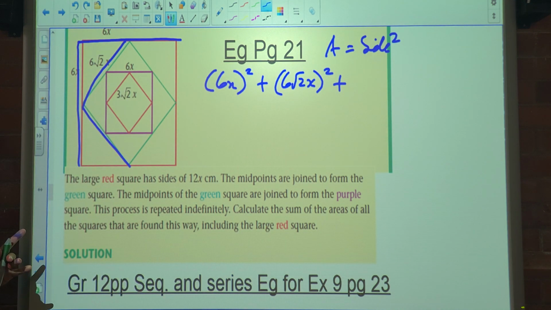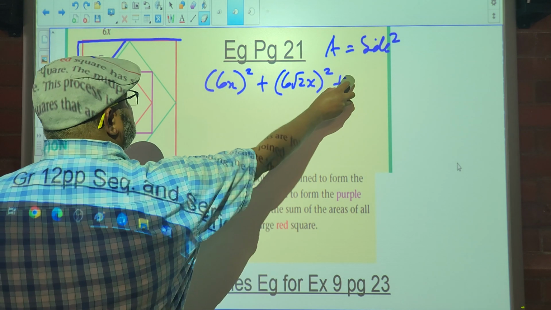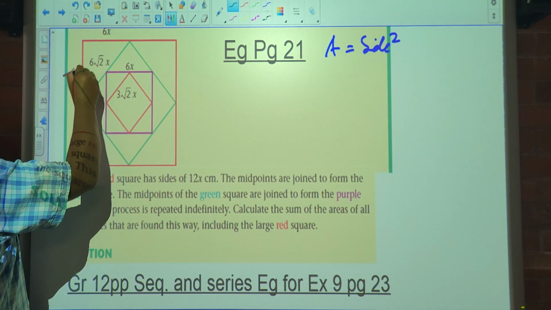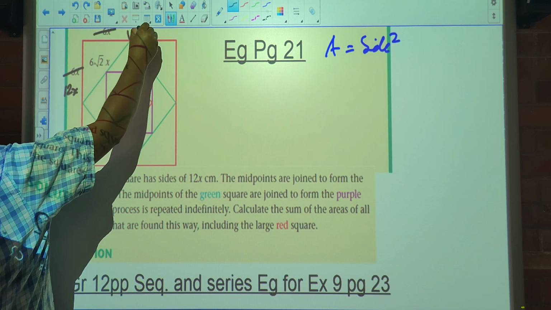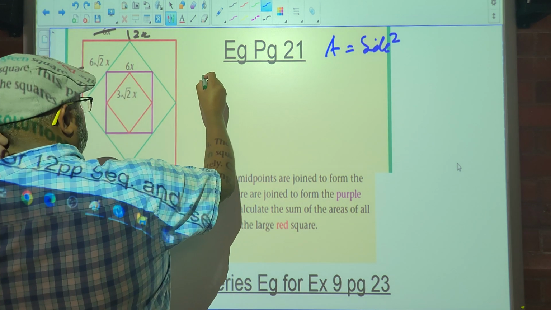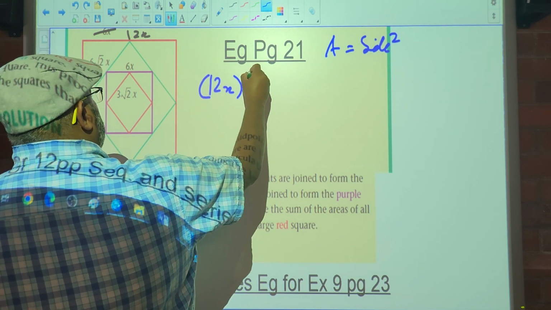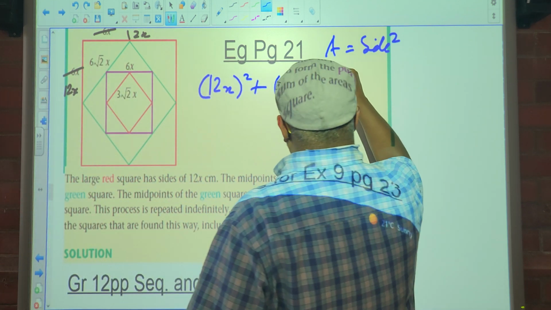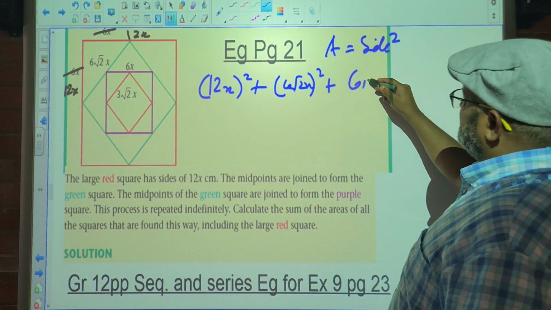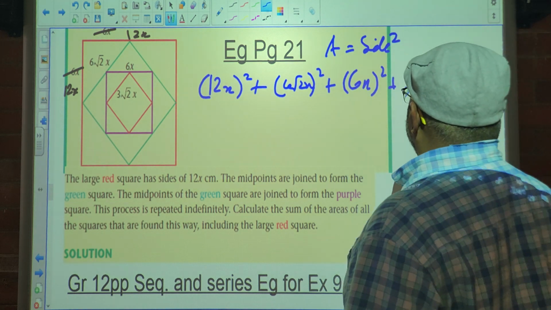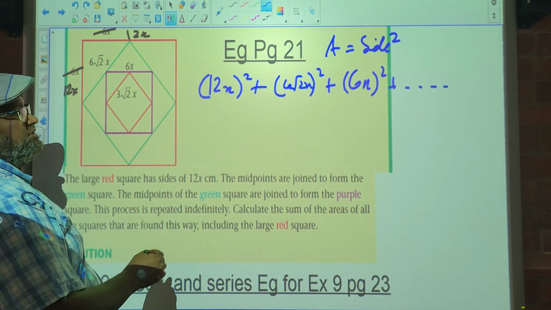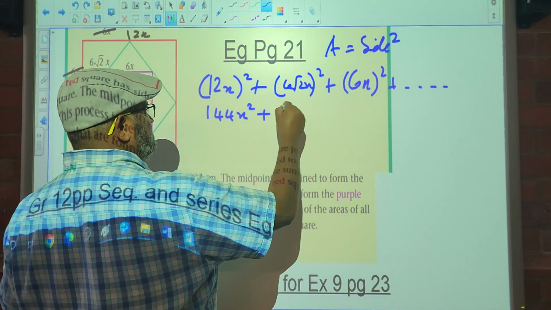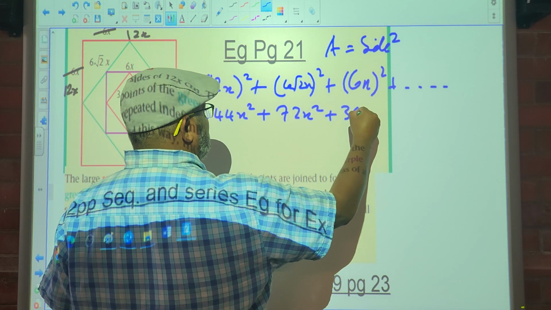So, okay, they made a mistake there, not so? No problem. We're all people that make mistakes. So the first one is going to be 12x all squared plus 6 root 2x all squared plus 6x all squared plus, and so on. So that's going to give you 144x squared plus 36 times 2 is 72x squared plus 36x squared plus, and so on.